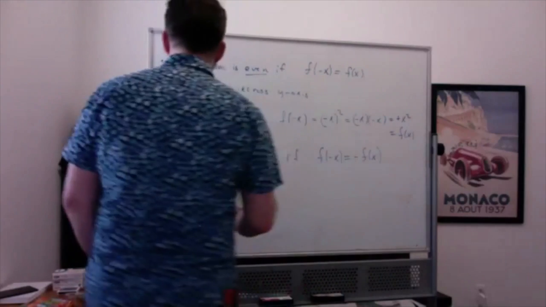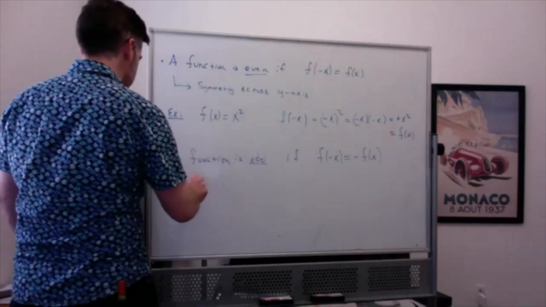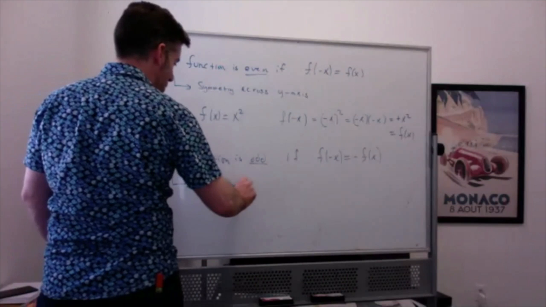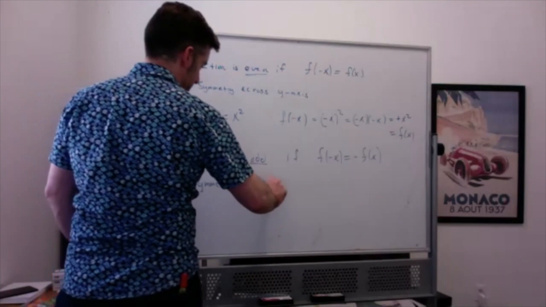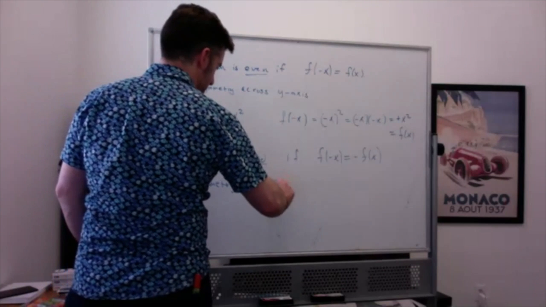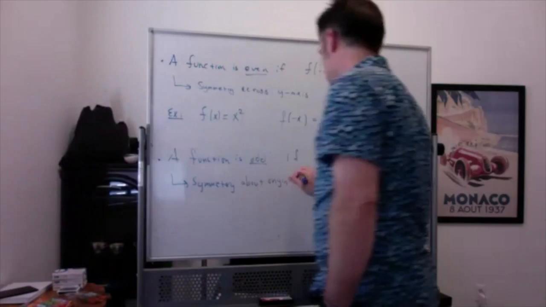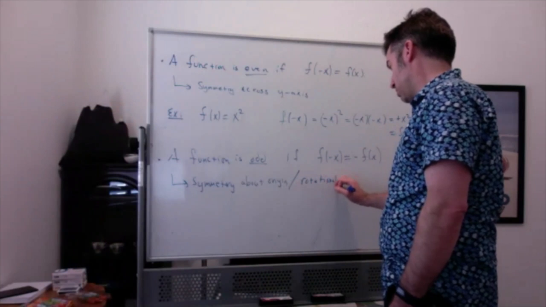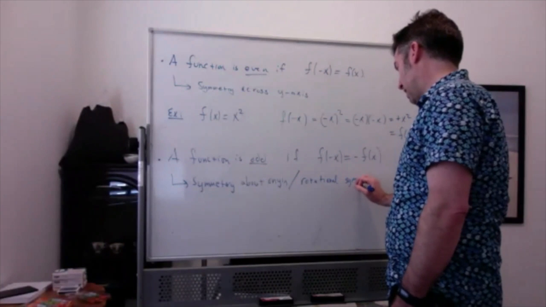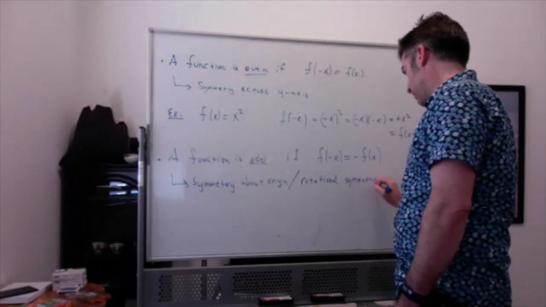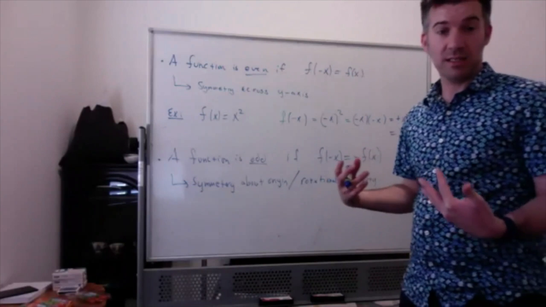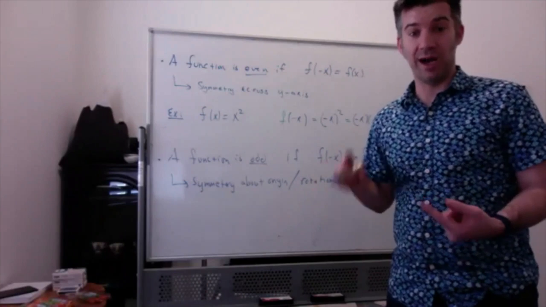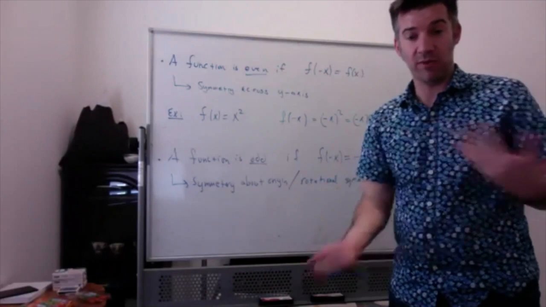And so this is called symmetry about the origin. Or if you prefer, people also call it rotational symmetry. Meaning you can either flip the function in each axis, and if you do that, it should look the same, or you can rotate it 180 degrees around the origin. If you do that, it should look the same.